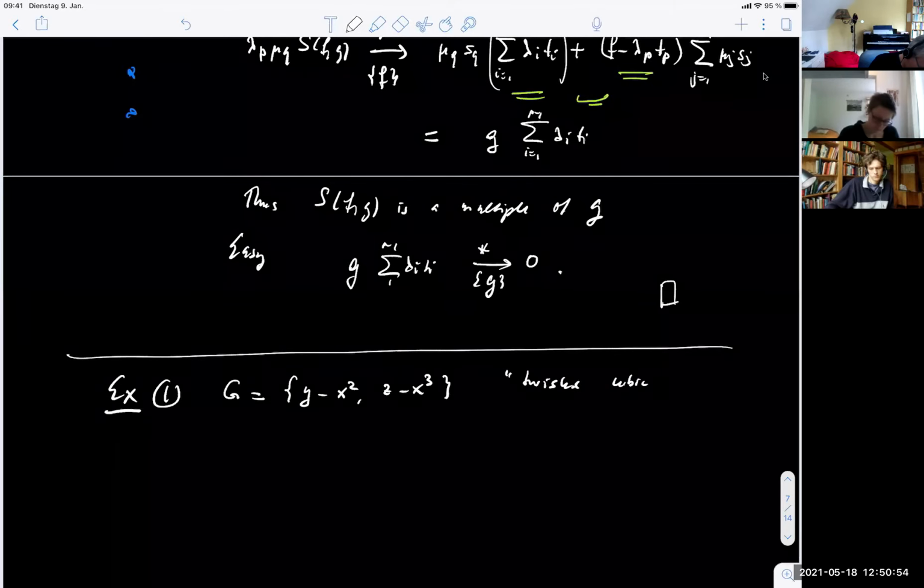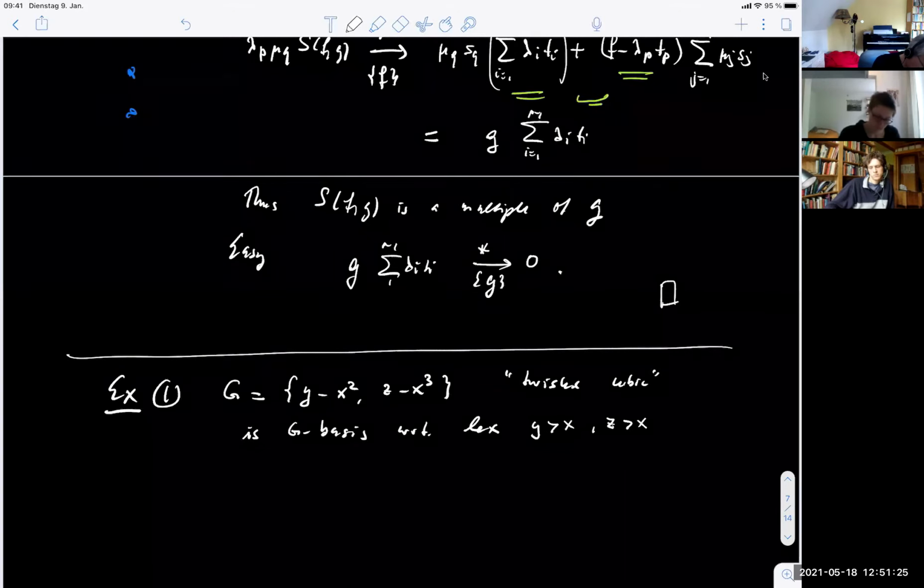And the point is, this is a Gröbner basis. I have to say with respect to which term order: lexicographic, where y is larger than x and z is larger than x.